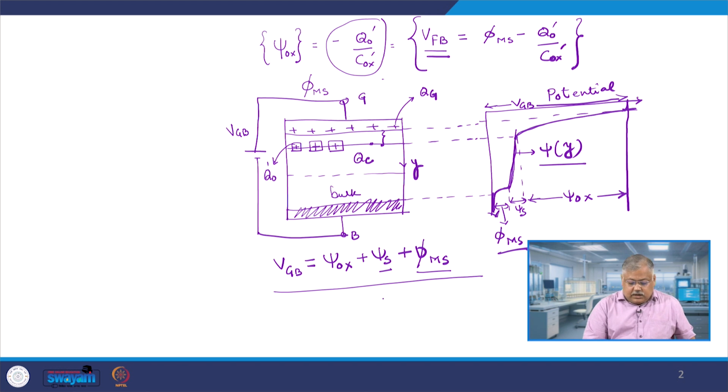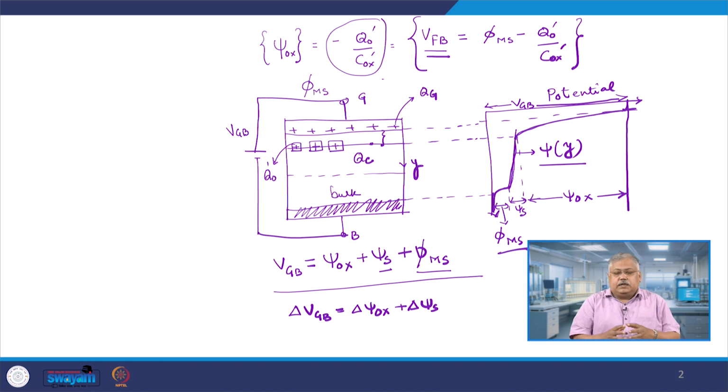Now let us suppose I make a change in the value of VGB, which means I give a delta VGB change. So I get a delta VGB change here. This will be delta psi OX plus delta psi S, and you can understand the reason why.